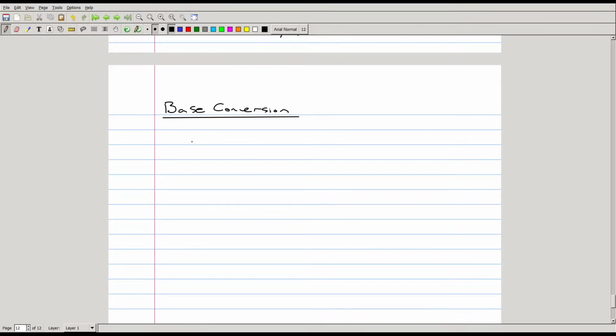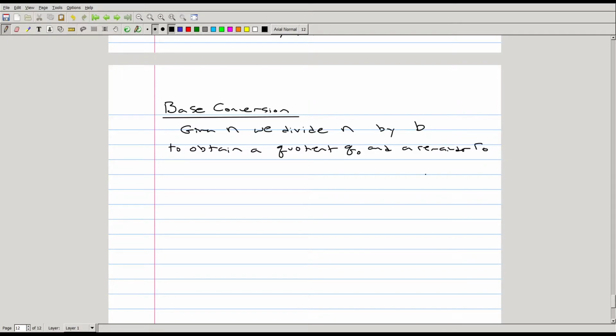Specifically, given n, we can divide n by the base b to obtain a quotient q naught and a remainder r naught.